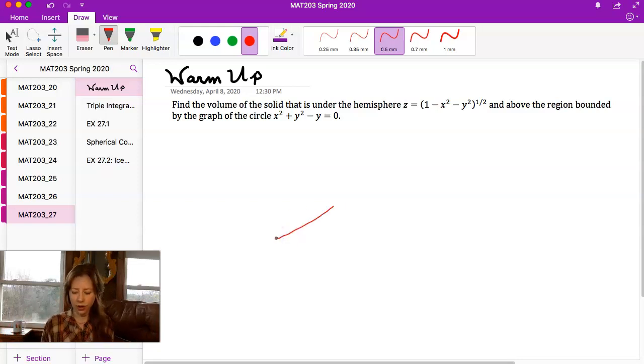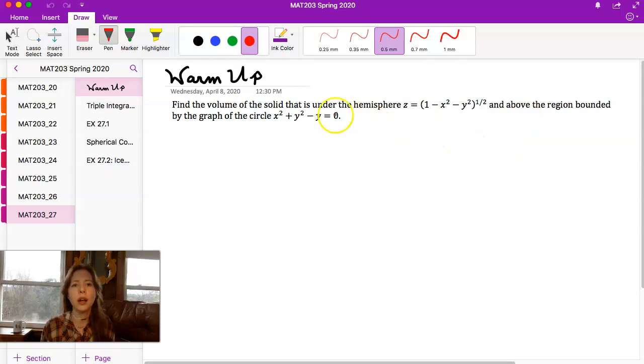Okay, so let's look at this, and I'm going to erase whatever just happened there. You're going to want to convert to polar coordinates. Remember, converting from Cartesian to polar coordinates, r squared is equal to x squared plus y squared, x is equal to r cosine theta, and y is equal to r sine theta.